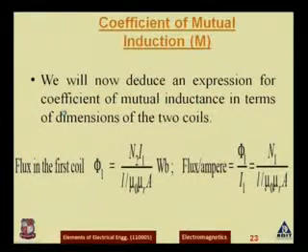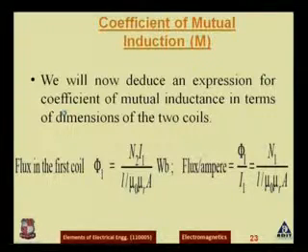To know more about mutual inductance and its effect, we will find out one coefficient. That coefficient is called the coefficient of mutual inductance or mutual induction. It is denoted by capital M. We will now deduce an expression for the coefficient of mutual inductance in terms of the dimensions of the two coils.